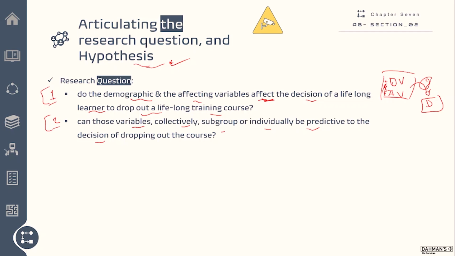So as a result, for example, just an assumption for now, if I were to come to the conclusion, yes, I found that the age and maybe the education background and maybe motivation, something like that, those variables, which are collectively between the two groups of variables, have a correlation to the dropout.